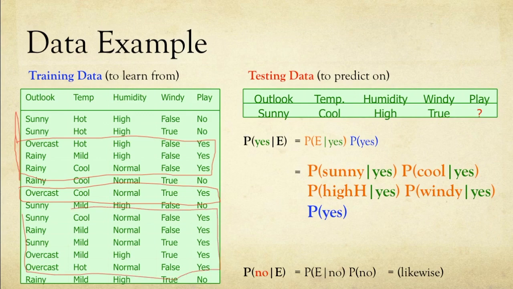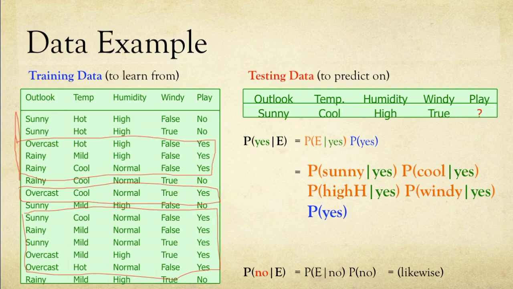So in total, I think we have 9 data instances where we have play as yes. The outcome is yes. And totally, we have 14 instances. So the probability of yes, or P(yes), is 9 over 14.